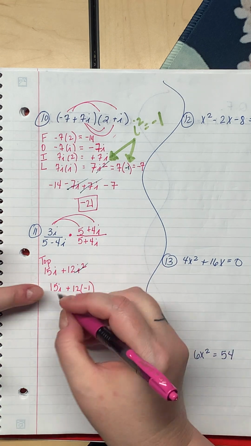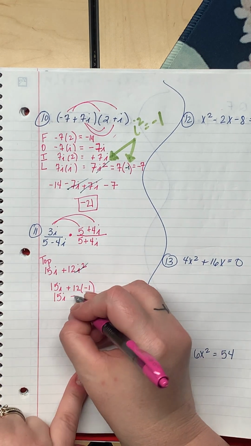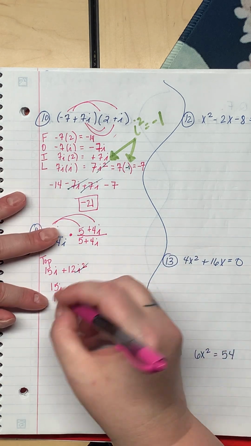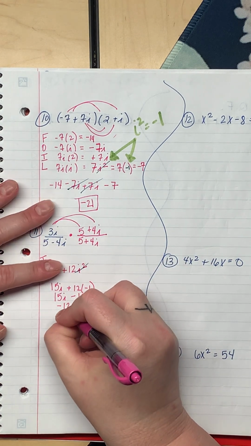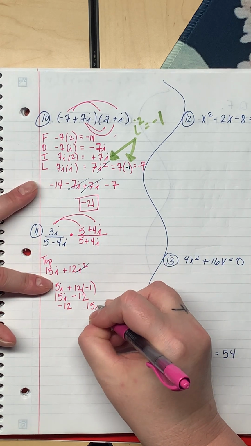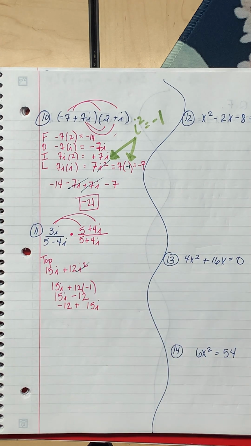So this gives me 15i, and then what is that, a -12? Yep, okay. And in math, we always put the janky stuff on the right side at the end. So we're going to put the good old pretty real number -12 first. Then we're going to put that imaginary number 15i at the back. And that 15 is positive, so let me put a plus.